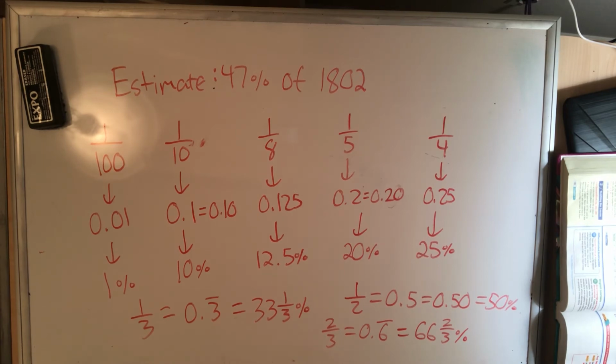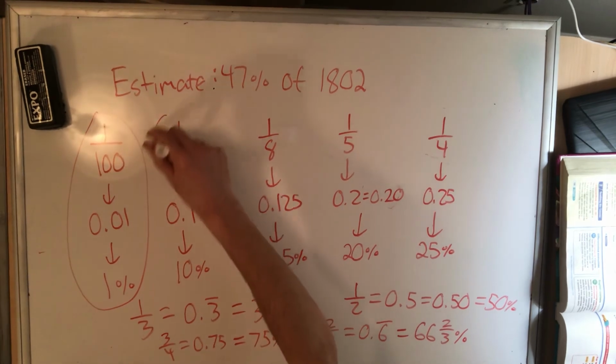And finally, 3/4, 3 divided by 4 is 0.75, or 3/4 multiplied by 25 over 25 is 75 hundredths, which is 0.75, which is 75%. So you should memorize all of these.